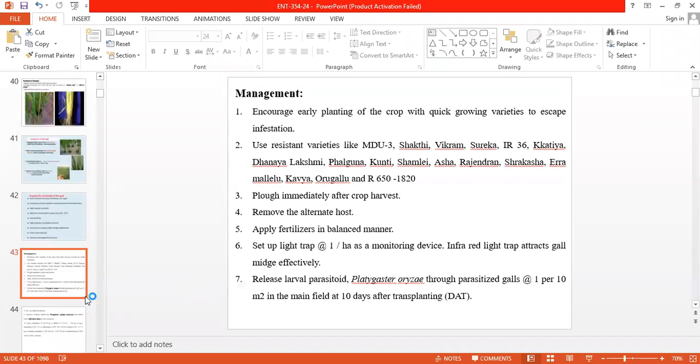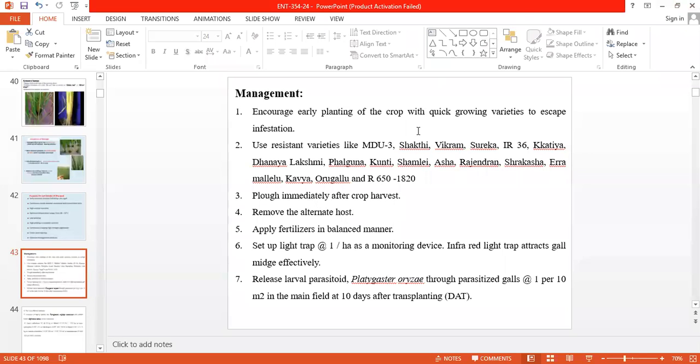Among management practices, early planting helps minimize the infestation of this pest. Use resistant varieties: MDU3, Shakti, Vikram, Sureka, IR36, Dhanlakshmi. These are the important resistant varieties.